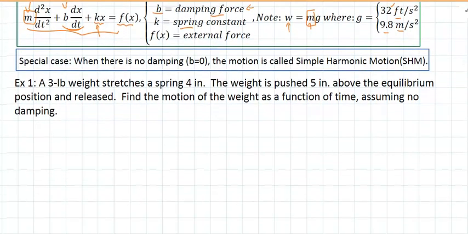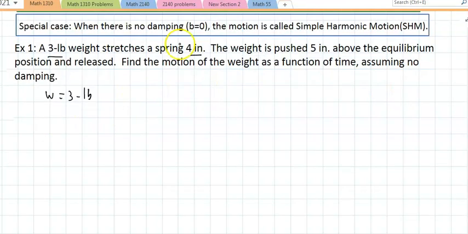Example 1, we have a 3-pound weight. The weight is 3 pounds. So the 3 pounds stretches the spring 4 inches. So the actual stretch is 4 inches.